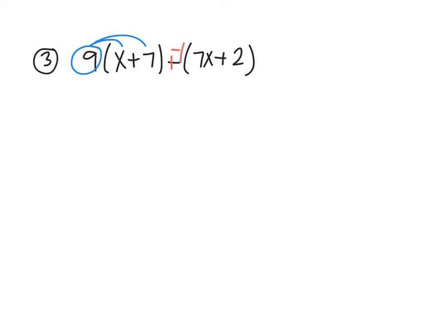9 times (x plus 7) minus (7x plus 2). So again, the first thing I do, change the sign in the one behind, and then I have to distribute. So there is a 9 for me to distribute here, and there is a negative 1 for me to distribute here.